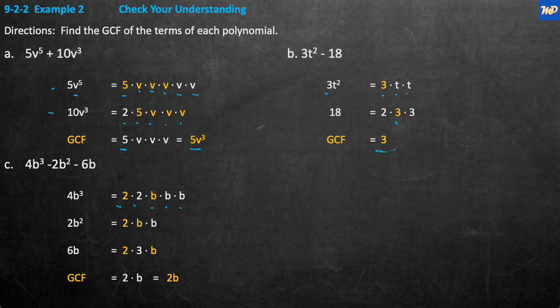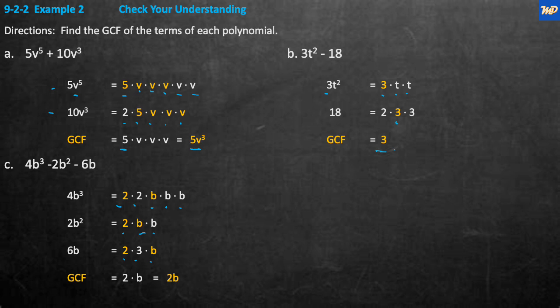Well, 2 is a prime all by itself, so that's there. And then we have b squared, so it's b times b. And finally, we have 6b. 6 is not a prime number. 2 goes into 6 3 times, and 3 goes into 6 once. 2 and 3 are prime factors, so we have a 2 and a 3 and 1 singular b.